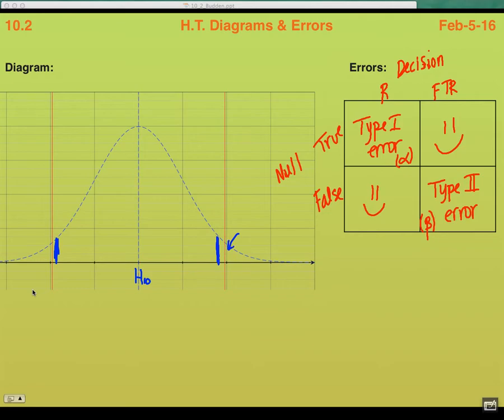So whatever those cutoffs are, these two are our rare spots. If you get a sample statistic over here, an X bar that's over here, I would reject the null. And if I get something over here, I'm also going to reject the null.